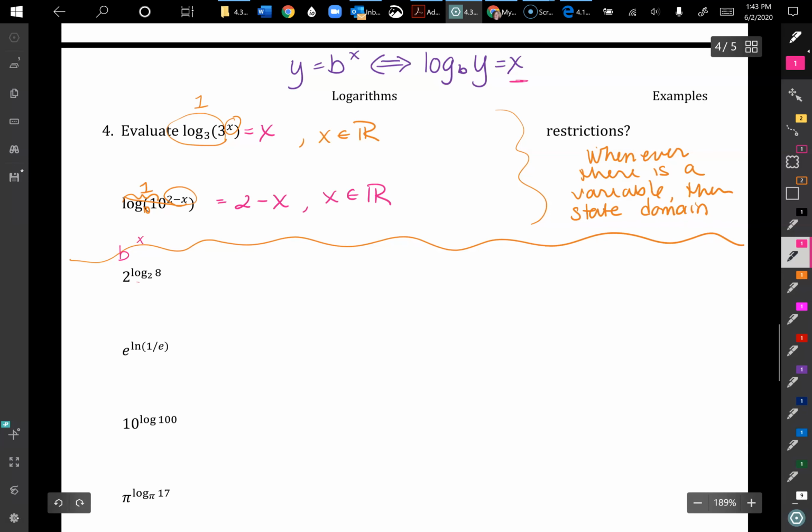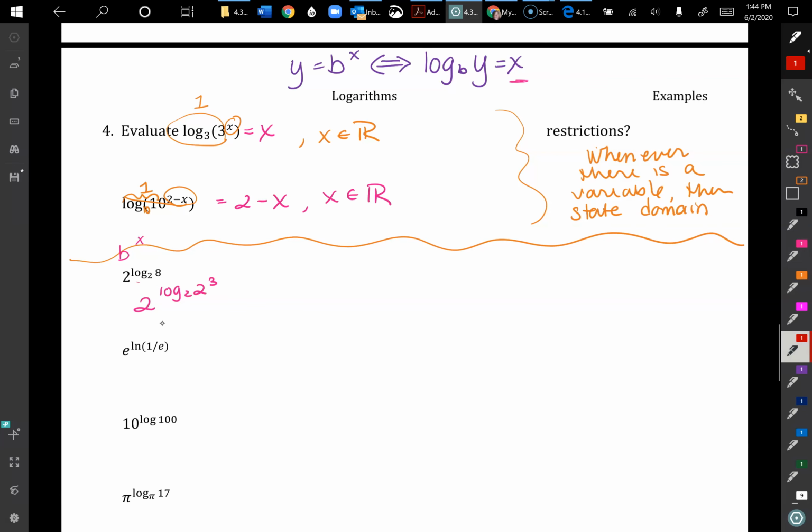So this is like our b to the x. So our x is log base 2 of 8, which we could write as 2 cubed. So I'm just writing that a little bit differently here. I'm writing it as 2 to the log base 2 of 2 cubed. And then I know I can use my properties from before.